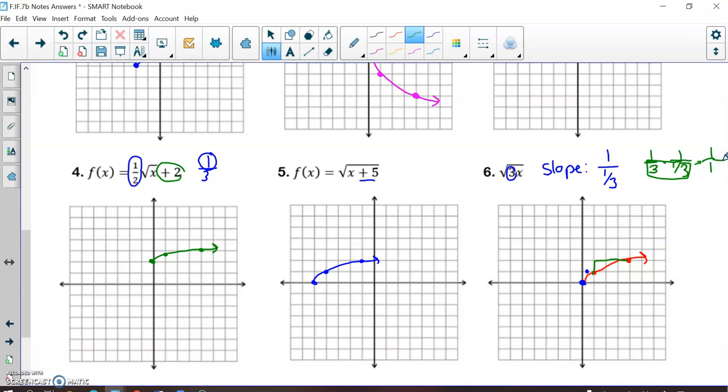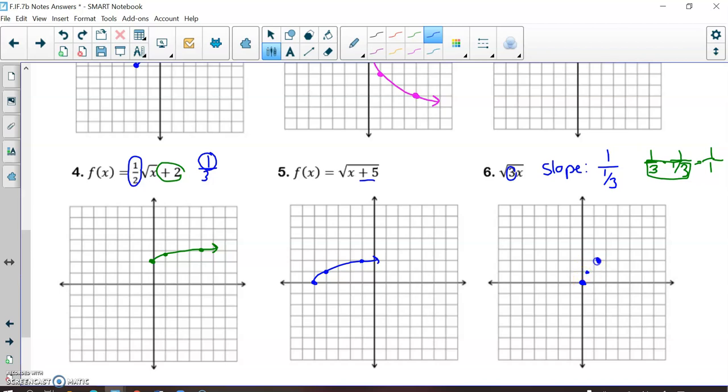So now I'm going to do my slope of up 1 from my second blue dot and over 1. So I'm going to erase my red graph so that way we don't have to. So my first slope was up 1 and over 1/3. My second slope is up 1 and over 1.